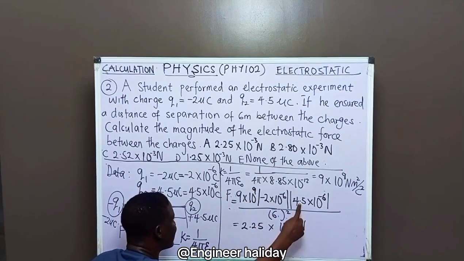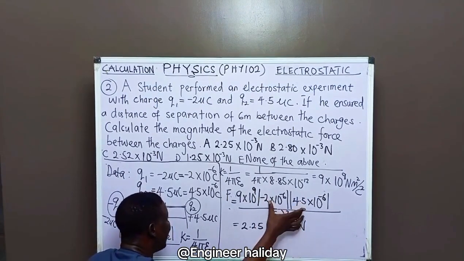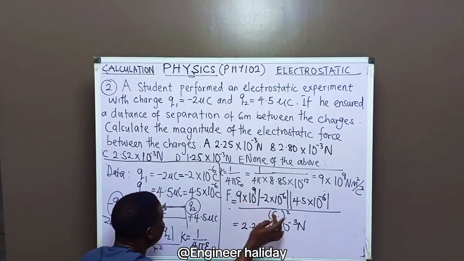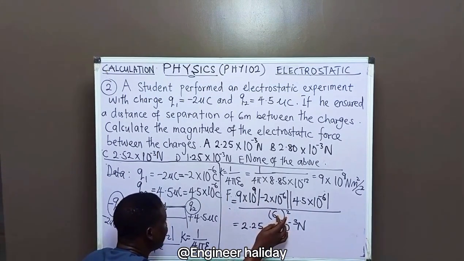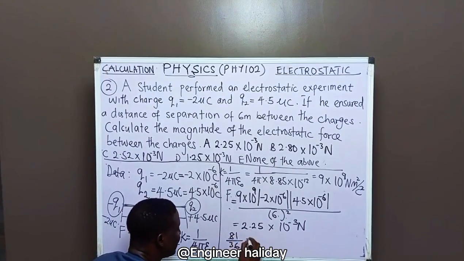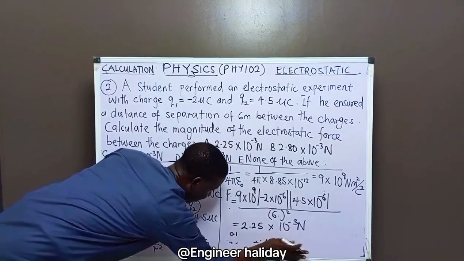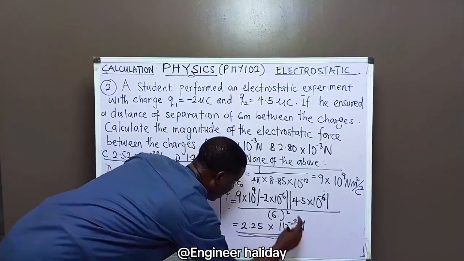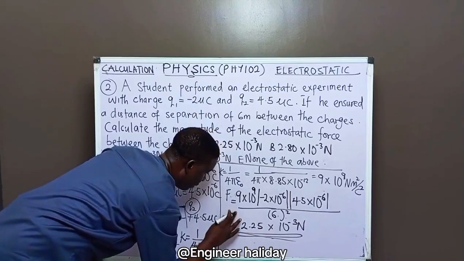Then 2 times 4.5 is 9. 9 times 9 is, sorry, 81. 81 divided by 36, you are going to have about 2.25. You can press your calculator so that you can confirm it.